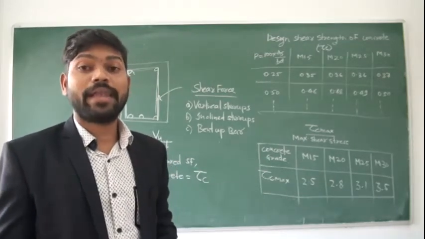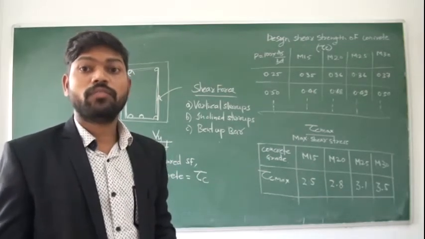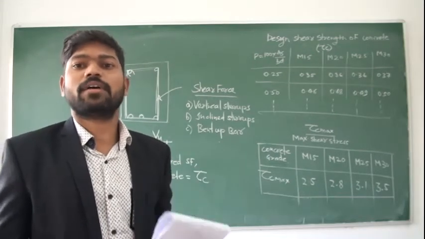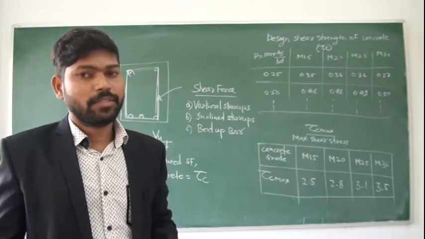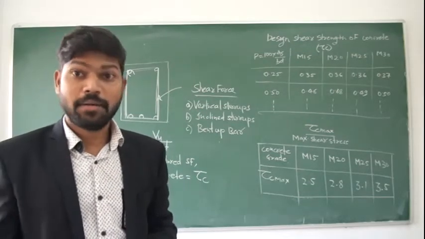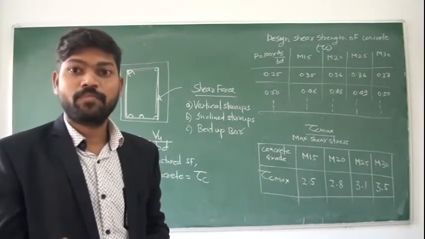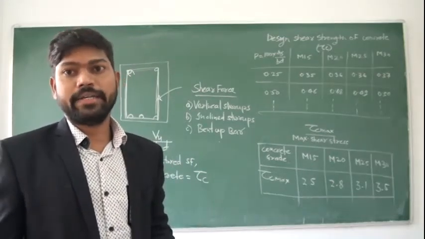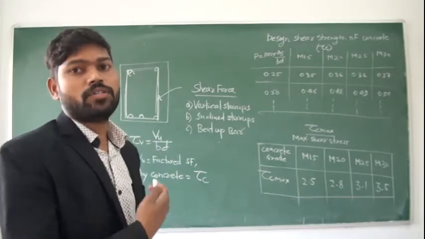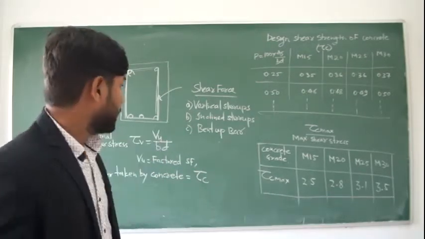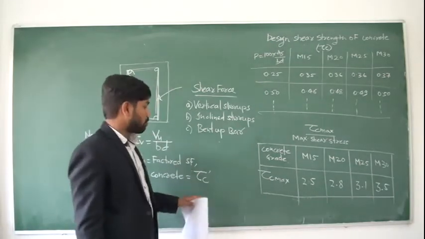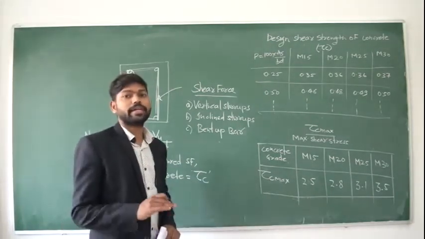Now, how will you calculate this tau c, or on which factor does this tau c depend? It is the shear taken by the concrete, so definitely it does not depend on the loading condition, but it depends on the grade of concrete, which grade you are using. In IS 456, these tau c values are given for different grades of concrete.